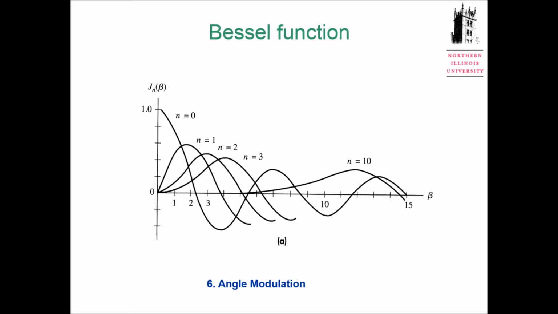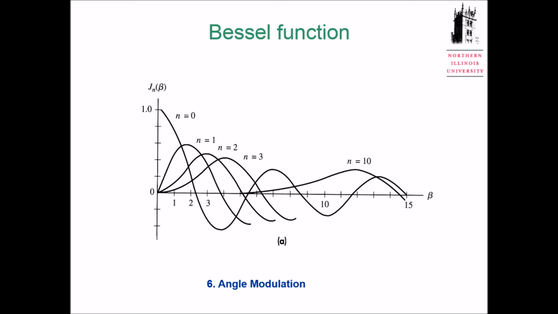Okay, not very clear. Let's go to this one. For n equal 0, we're going to look at the first one, right? We can imagine that at first there's pretty high power, and it is going to be smaller and smaller.